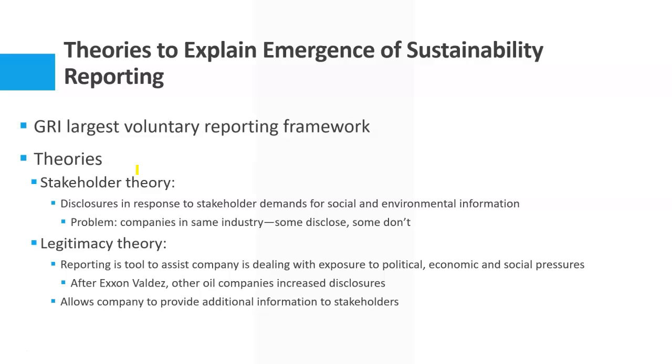There are a number of theories that explain the dramatic growth. Among them, the most famous are stakeholder theory and legitimacy theory. Stakeholder theory posits that companies make social and environmental disclosures in response to stakeholder demands for social and environmental information.